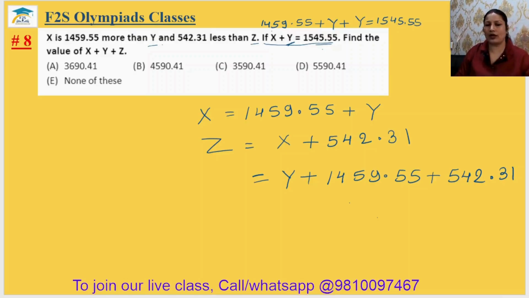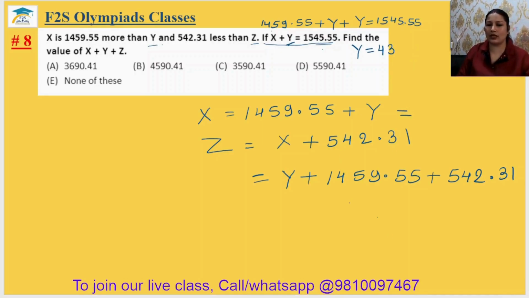When you simplify this expression, we have to just subtract 1545.55 minus 1459.55. So you will get 86, and 86 divided by 2, so you will get 43. So Y will be equal to 43. So Y is 43.